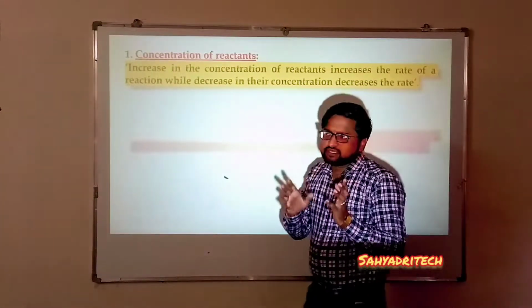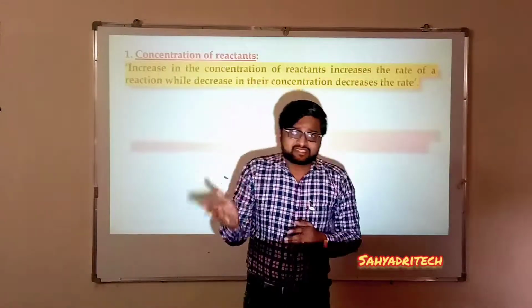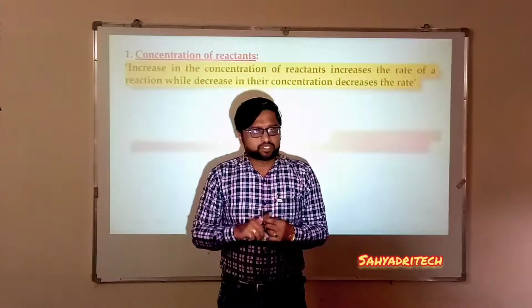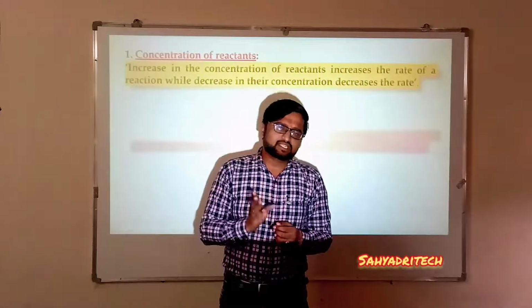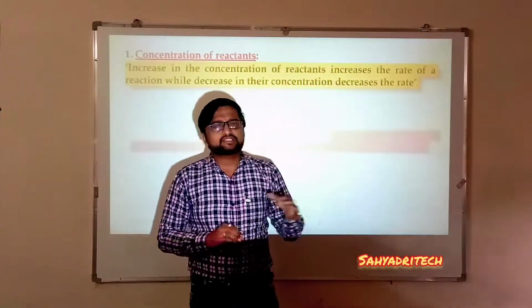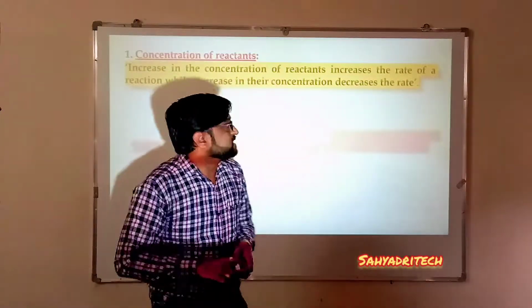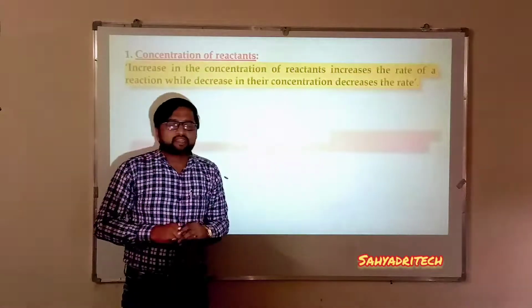So the first statement to be remembered is that the concentration of a reactant and the rate are both directly proportional. So an increase in the concentration of a reactant increases the rate of a reaction, while a decrease in the concentration of a reactant decreases the velocity of a reaction.